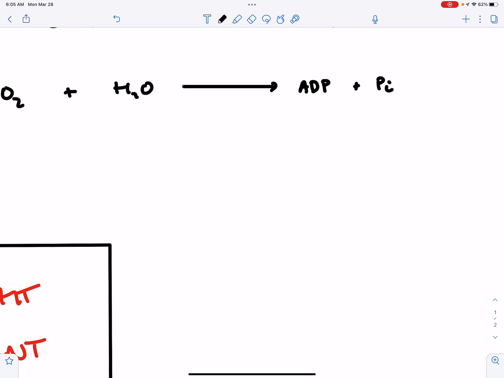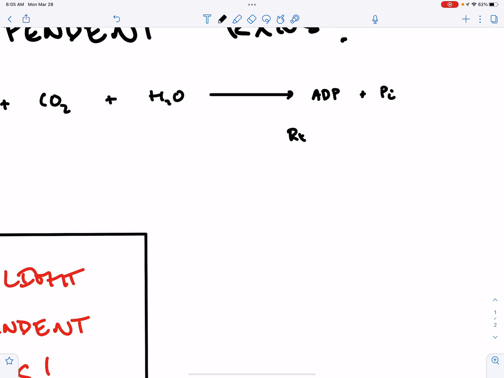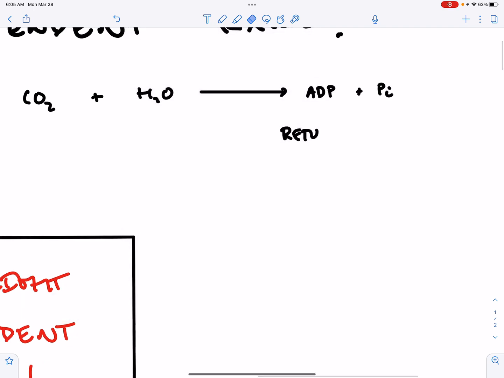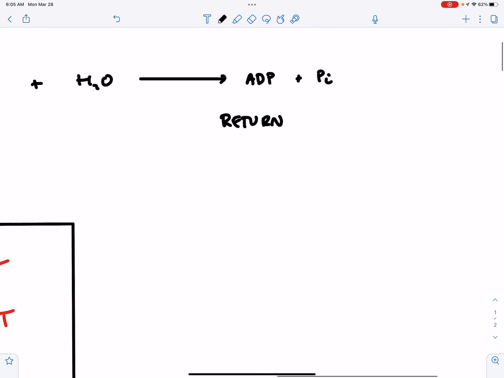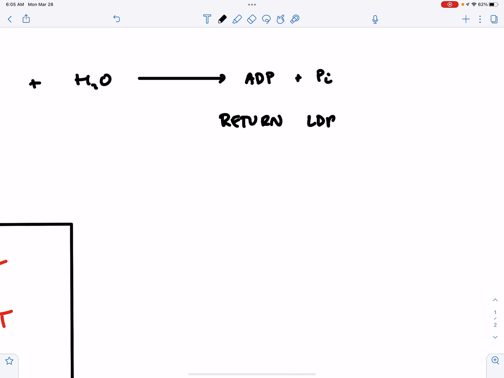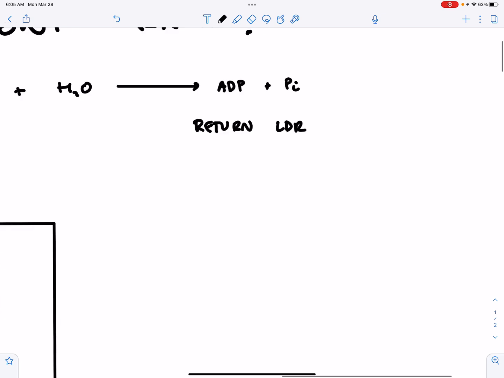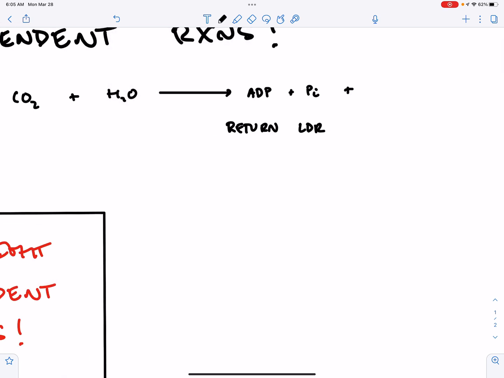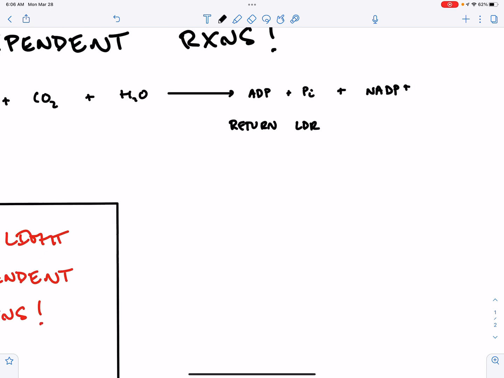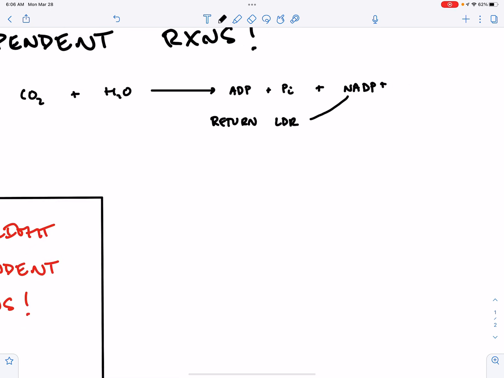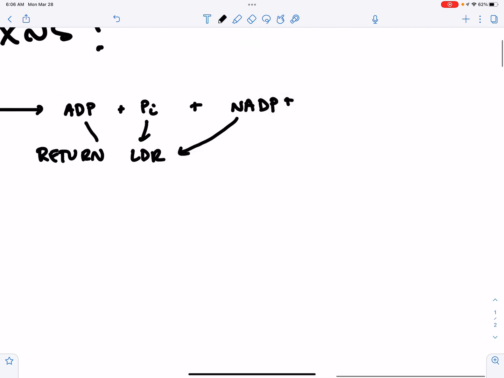And we're going to send these things back to the light-dependent reactions. We're also going to use up our NADPH, and we're going to turn it back to NADP+. And all of these components are going to go back to the light-dependent reactions to get recharged back up.